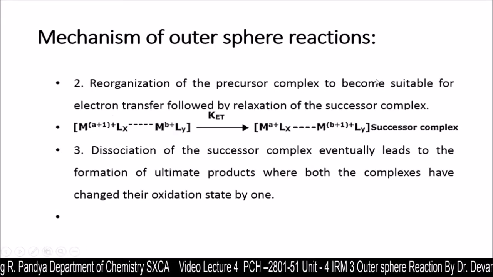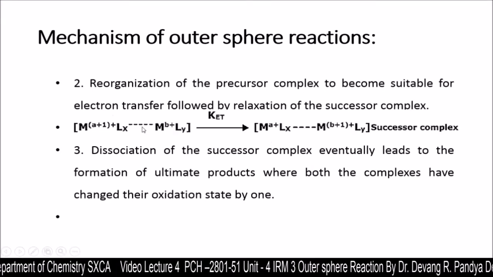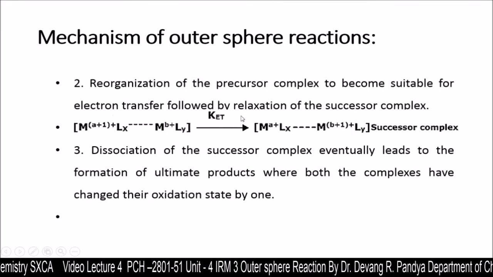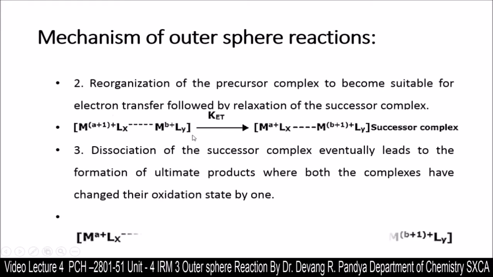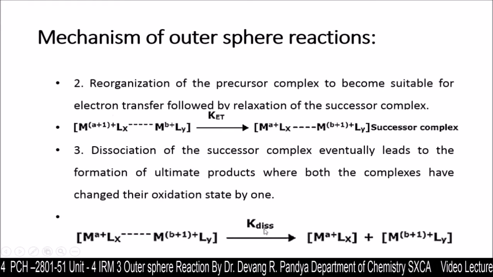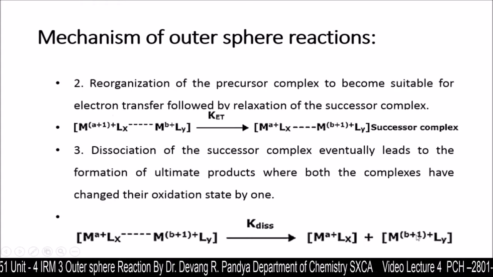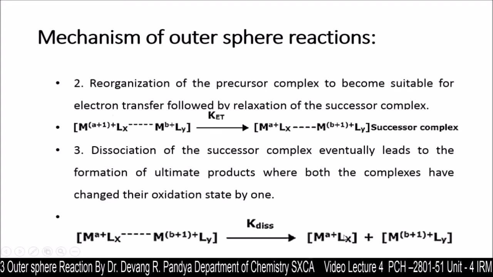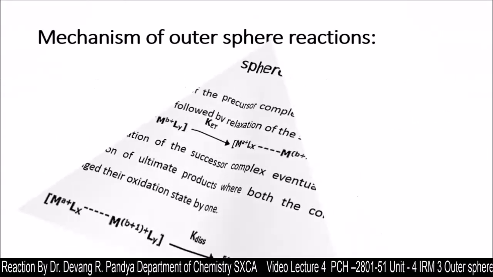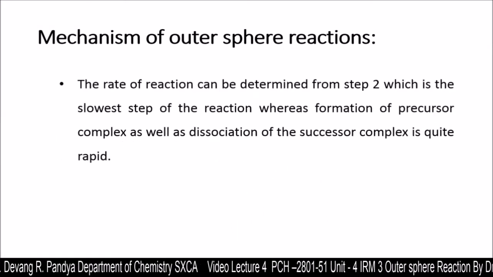So here you can see the successor complex, where after electron transfer takes place, we get dissociation and it will result in two different complexes. So electron transfer has now taken place completely in these steps.